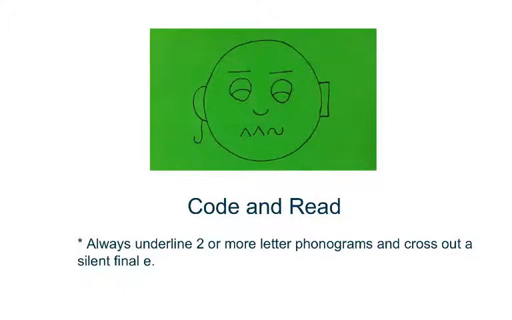So when they're writing a word that has a 2-letter phonogram, such as this, and they've written it already, when you go back to code and read this word, they will underline phonogram TH. And after coding, they will read the word this.